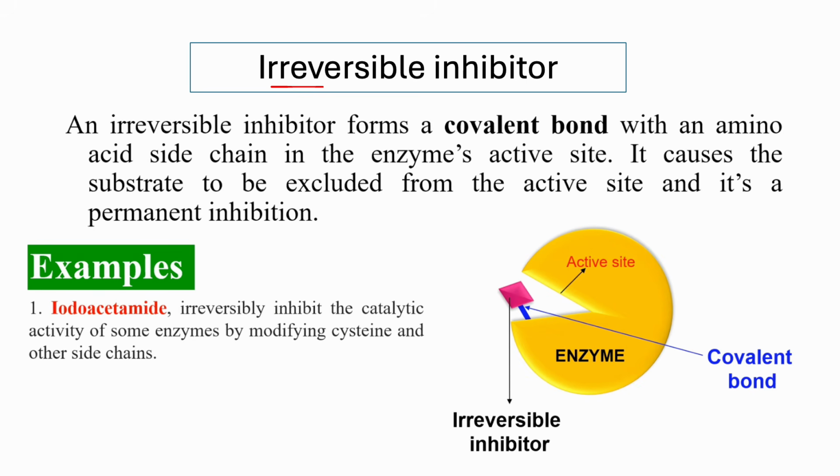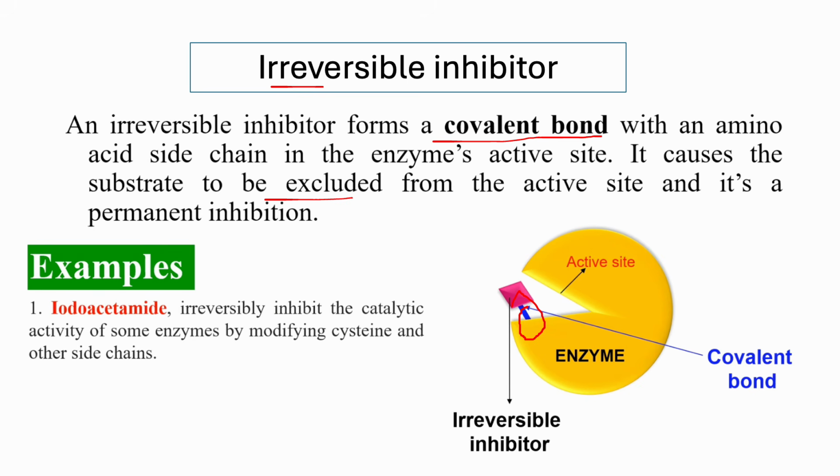An irreversible inhibitor forms a covalent bond with an amino acid side chain in the enzyme's active site. Of course, what happens? It causes the substrate to be excluded from the active site, and it's a permanent inhibition. That's why it's called an irreversible inhibitor.